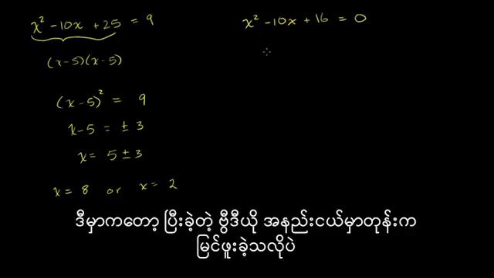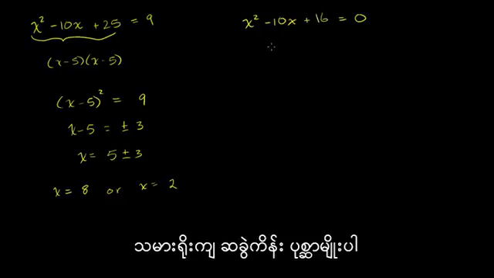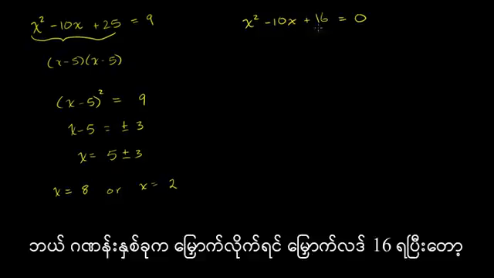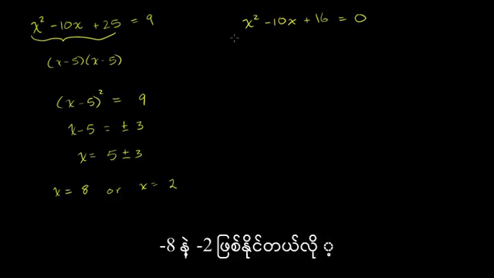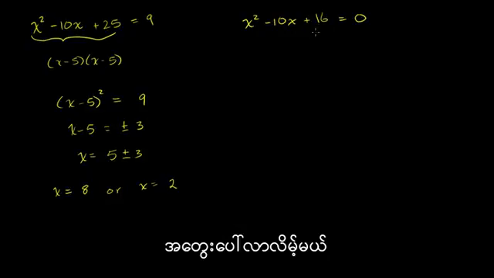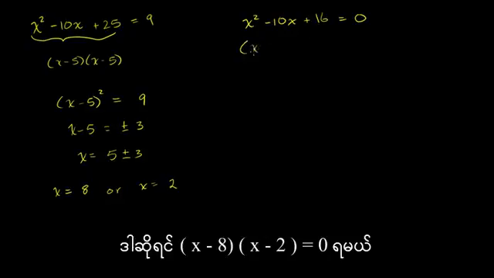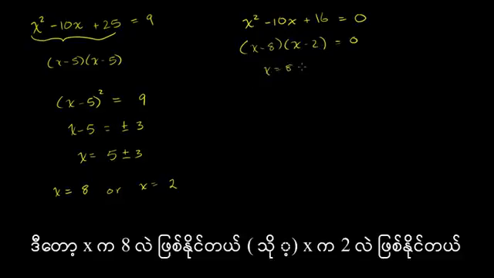And here, this would be just a traditional factoring problem, the type that we've seen in the last few videos. What 2 numbers, when you take their product, you get positive 16, and when you sum them, you get negative 10? And maybe negative 8 and negative 2 jump into your brain. So we get x minus 8 times x minus 2 is equal to 0. And so x could be equal to 8, or x could be equal to 2.